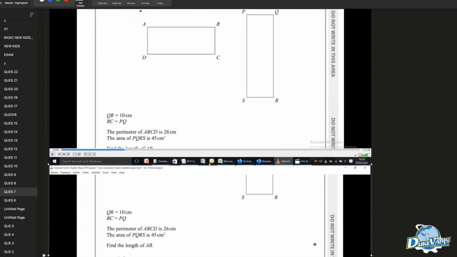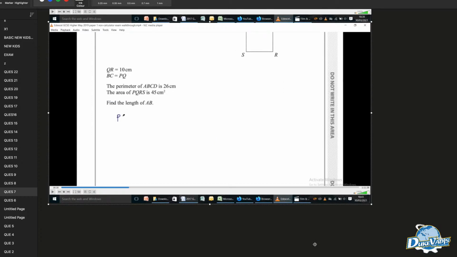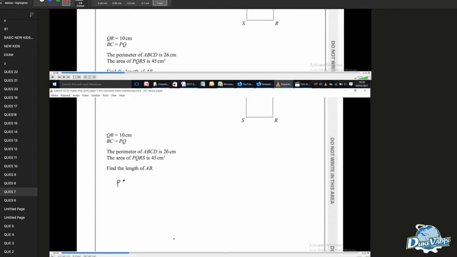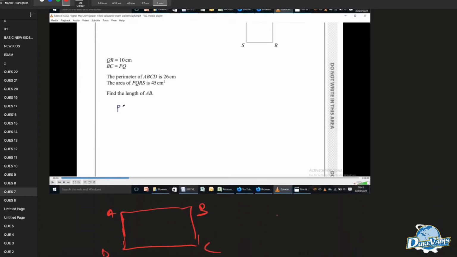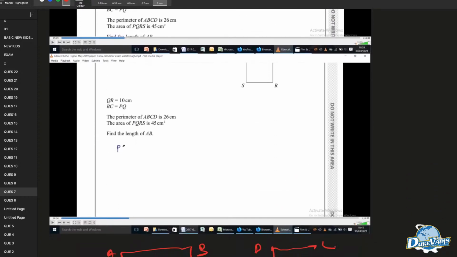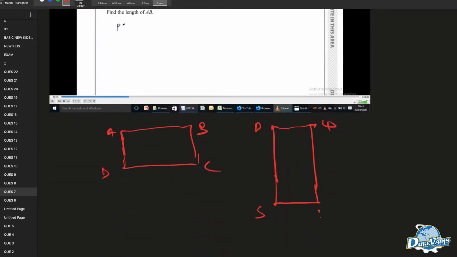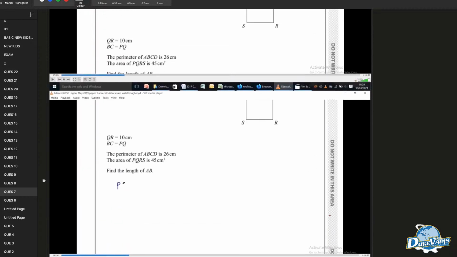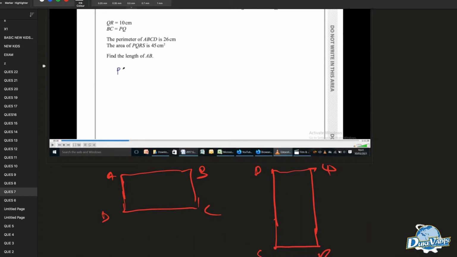So our first rectangle is AB, DC, and the other one is given as PQ and SR. The question says that QR is 10 centimeters, so this is 10 centimeters.